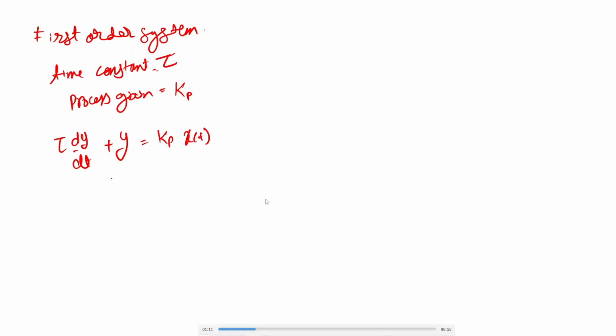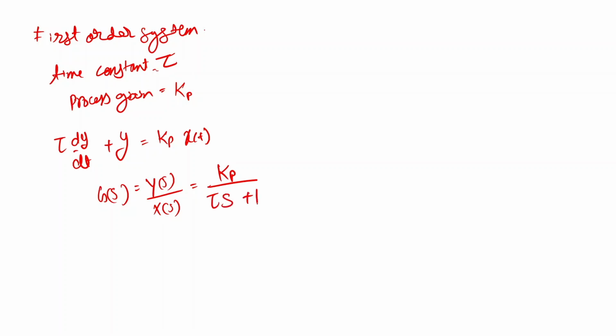Corresponding to this, the transfer function, by taking the Laplace of this equation, we can write as G(s) is equal to Y(s) upon X(s) is equal to Kp upon (tau s plus 1), where x is the input that has been provided to the system and y is the output or the values measured by the system.